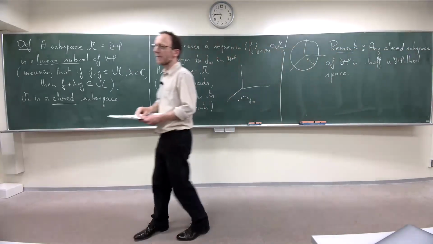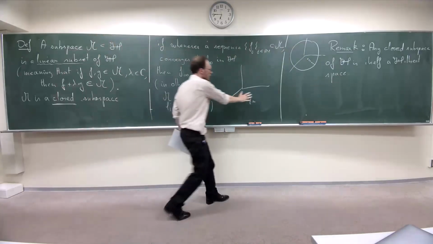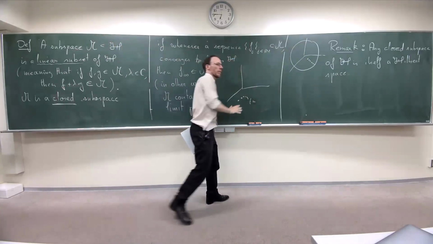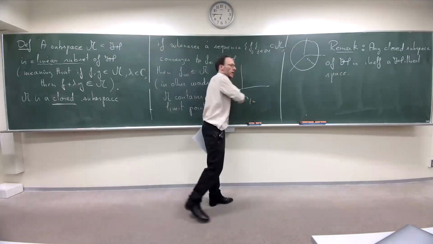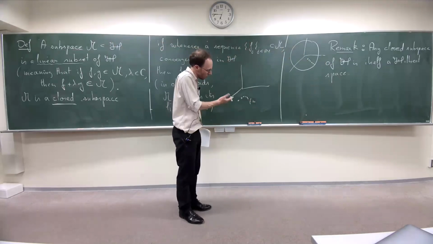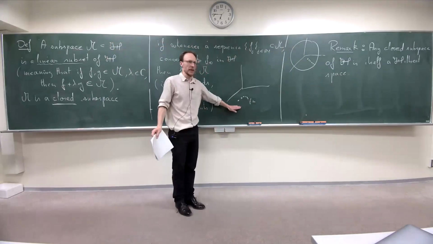What do I mean by this? If you take only the floor in this three-dimensional space, you have also a scalar product only on the floor. You have a norm, which is a two-dimensional norm. So you have also a Hilbert space here.